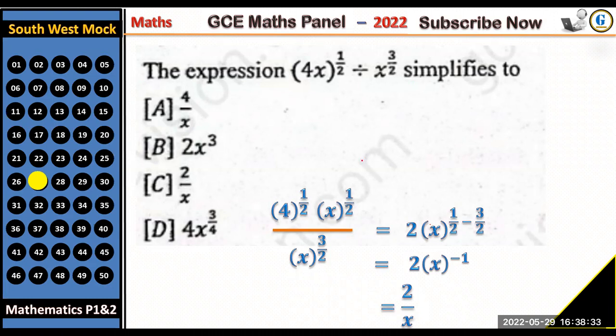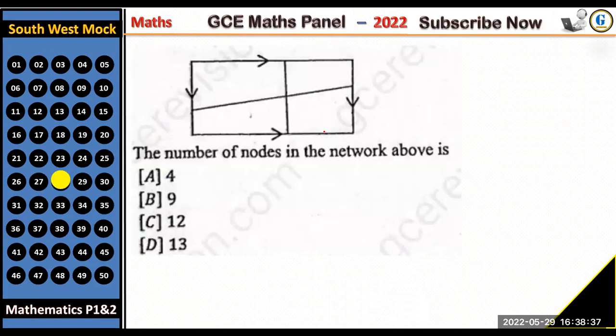Okay, the next question is 28. This is Southwest Mock 2022, paper 1. After this, we'll continue with paper 2. So question 28, the number of nodes in the network above is? So nodes are just the endpoints. Let's count them.